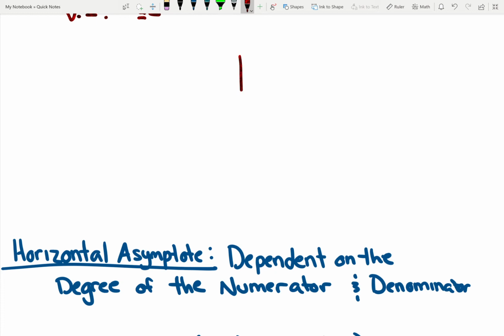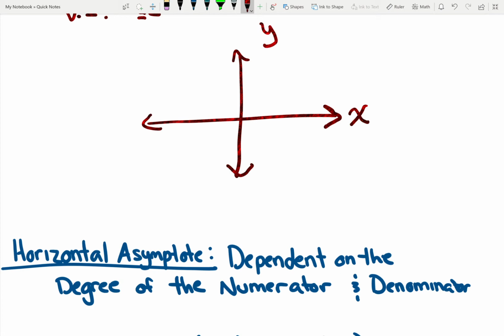Meaning, if I have a graph right here, here's my x-axis, here's my y-axis. So if I'm graphing something here, let's say I have an invisible line right here at y equals 1, okay?